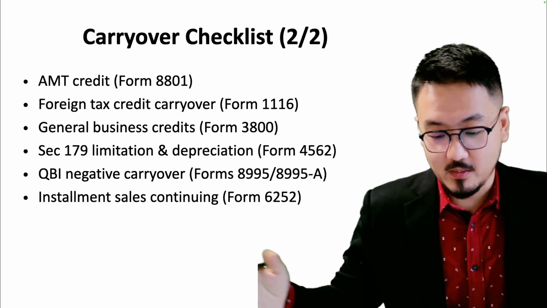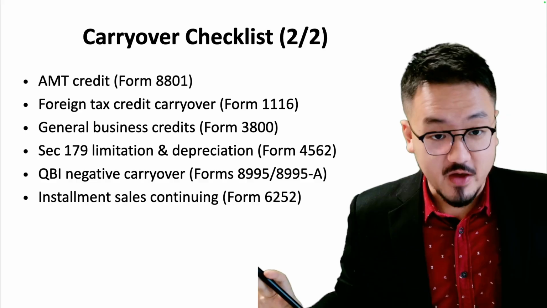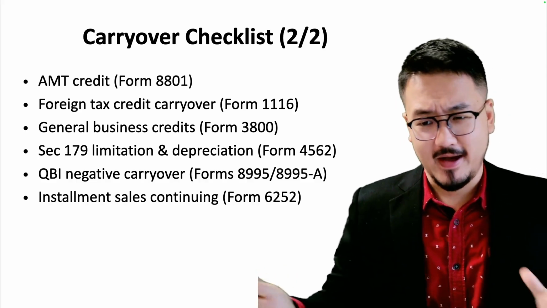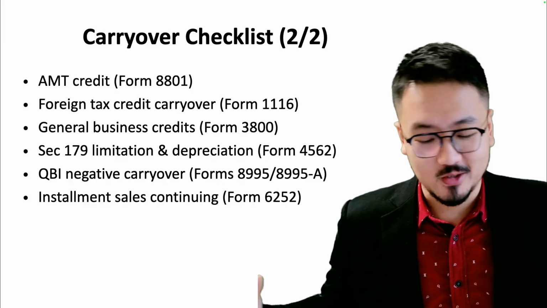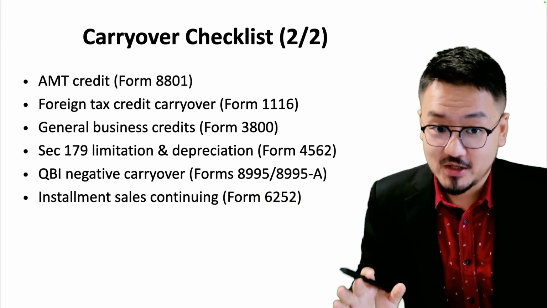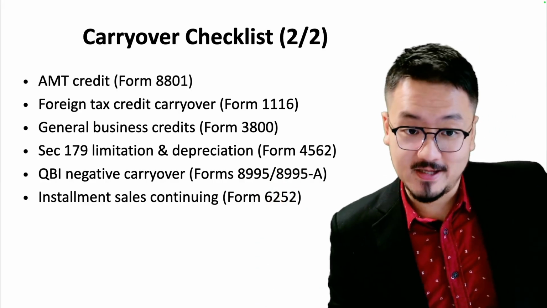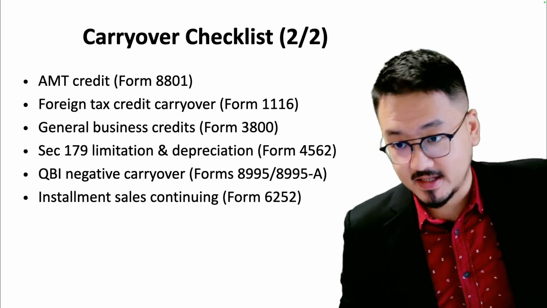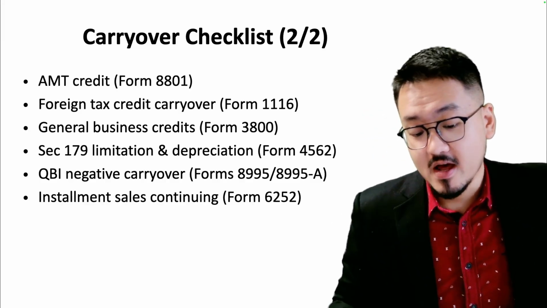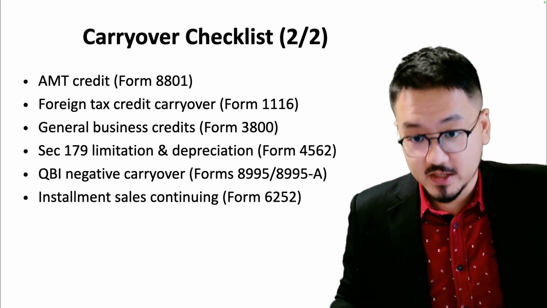For example, even if this year you did not have any incentive stock options involved, you need to check your prior years when you exercised them. Then you can use that.